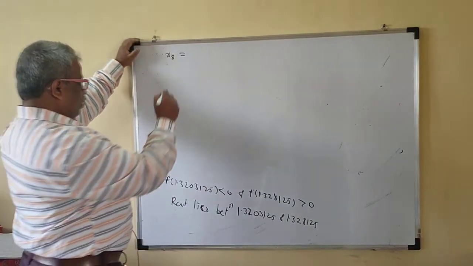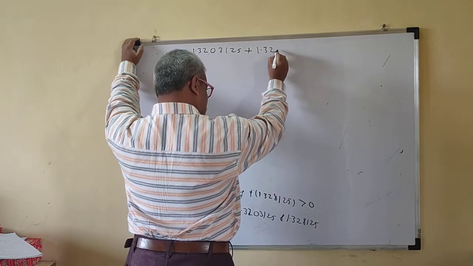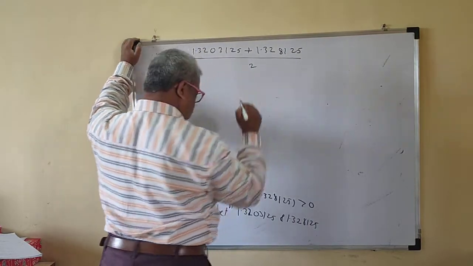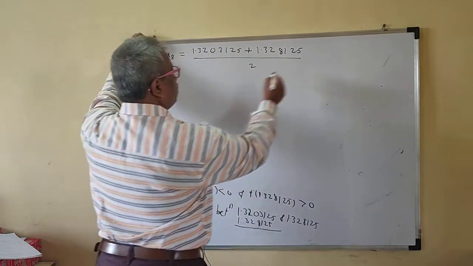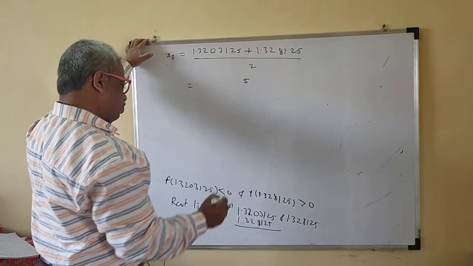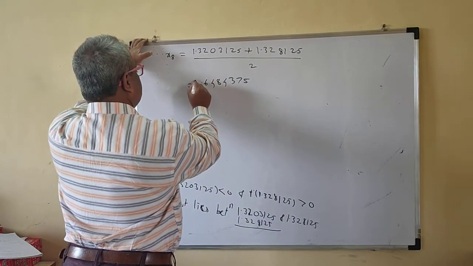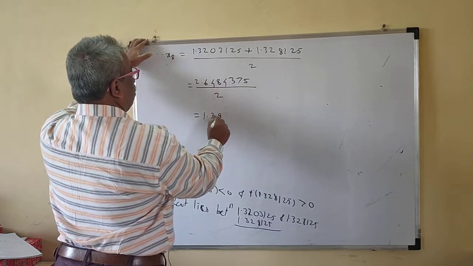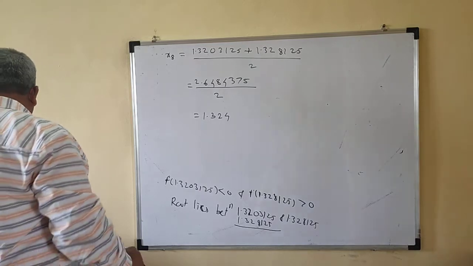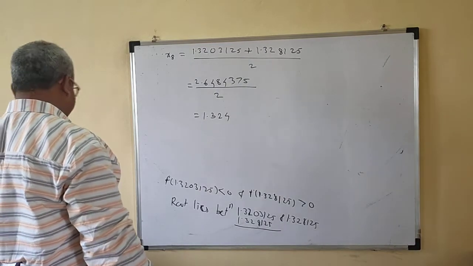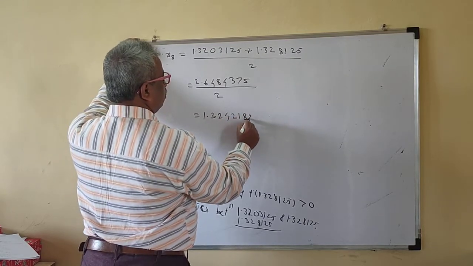What is the number? x8 is 1.3203125 plus 1.328125 upon 2. So this is what? 1.3242, and so on.